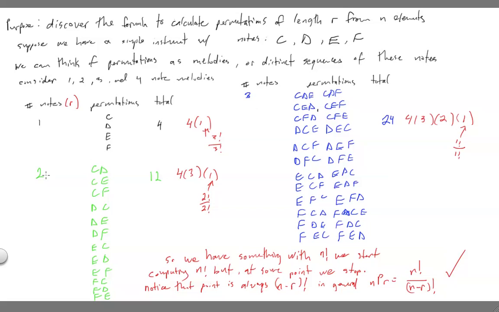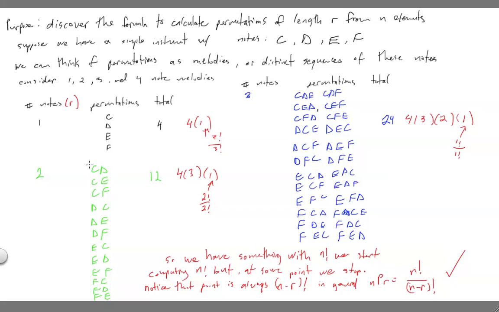Okay, so let's move on to our two-note permutations. You could imagine on the piano you could play C D, or you could play C E, or you could play C F. But outside of that, you've exhausted the possibilities of two-note melodies that you can play starting from C. So suppose you had started on the D. You could play D back down to C, you could play D up to E, D up to F, and then you're at a loss for different things you can play from D. But in any case, from each starting note, you have three different things that you could play.